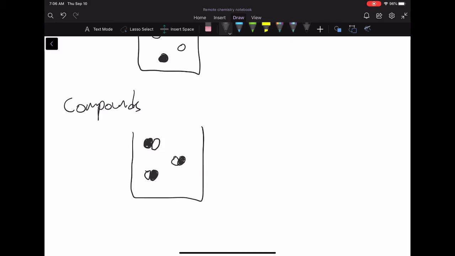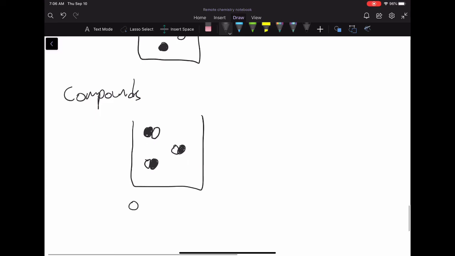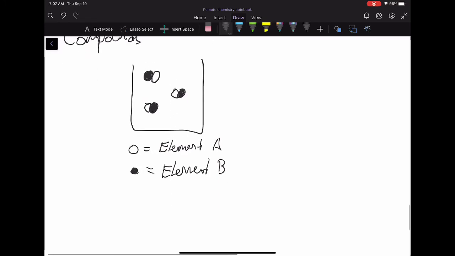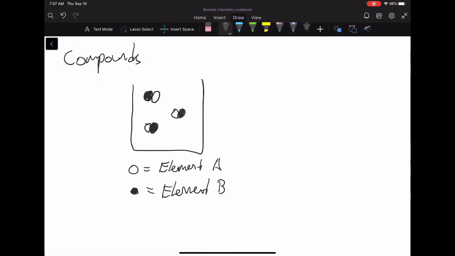And so this is a representation of a compound because this would be something like element A, and then this would be representing element B, and so these would be representing compounds of A bonded to B, and so that's what that would represent.